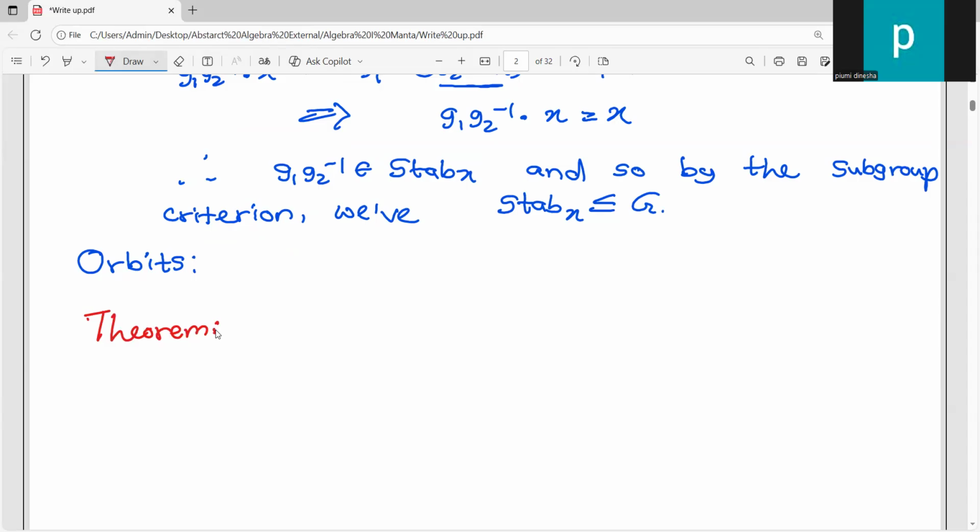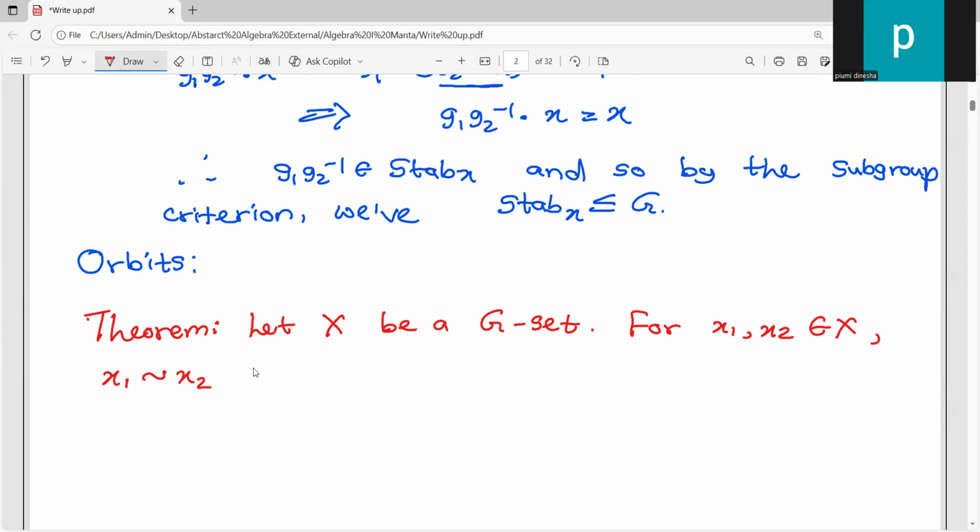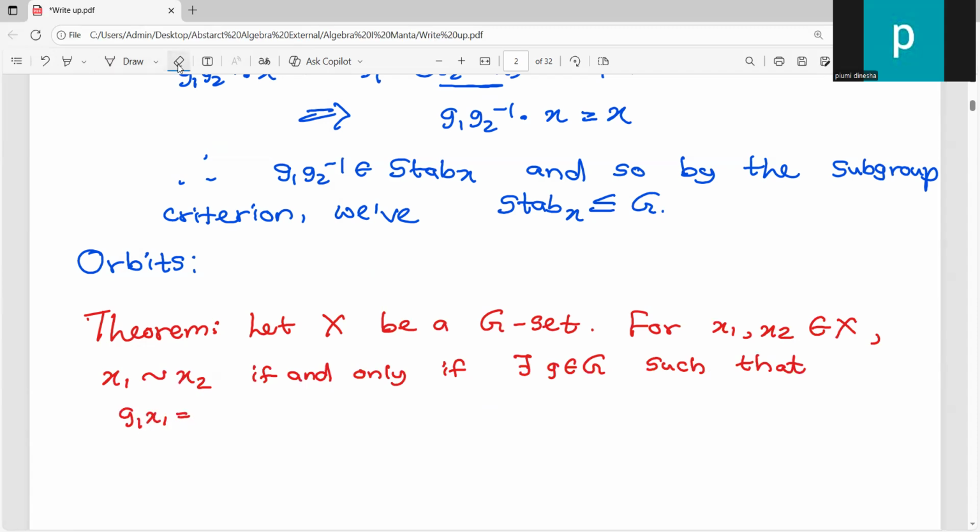Let X be a G-set. In other words, you have a group G which is acting on a set X. For x1, x2, elements that you take from X, x1 is equivalent to x2 if and only if there exists an element g in the group such that g x1 is equal to x2.